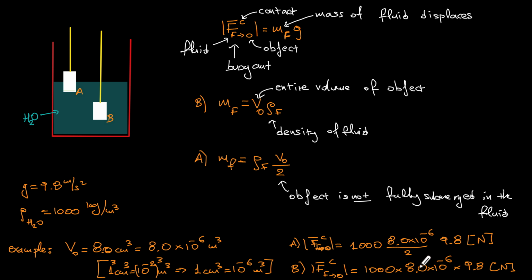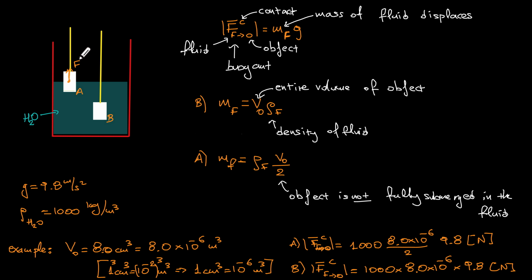Now what's the reason for this? Here you have the entire volume of the object submerged, so here the fluid is pushing on the cube upwards with a greater force than what it does here. Okay. And as a final note, do remember that the buoyant force is always pushing the object upwards.